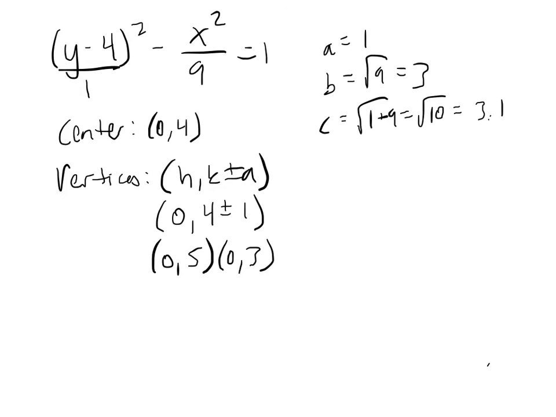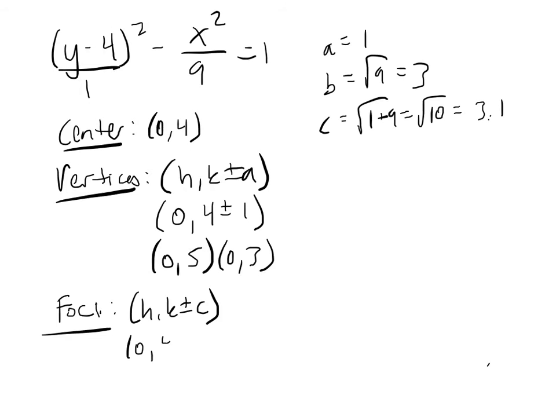Then I want to find my foci. And my foci in this problem are at h, k plus or minus c, which has to be 0, 4 plus or minus 3.1. And those 2 points are going to be at 0, 7.1, and 0, 0.9. Okay, and the last thing I want to find is the asymptotes.